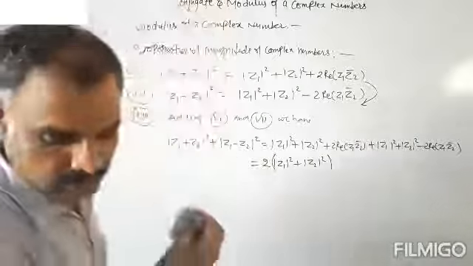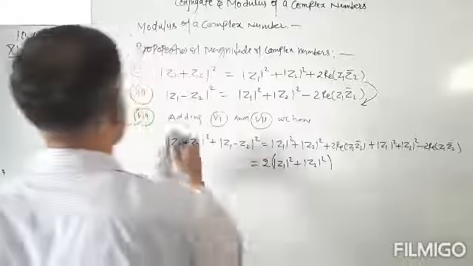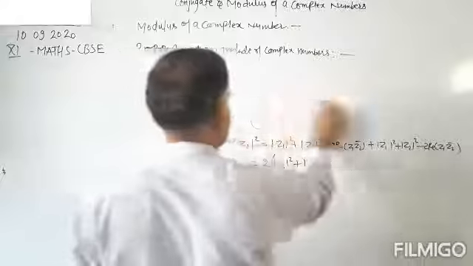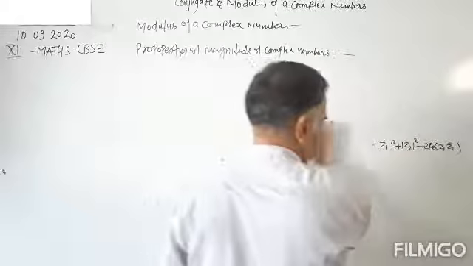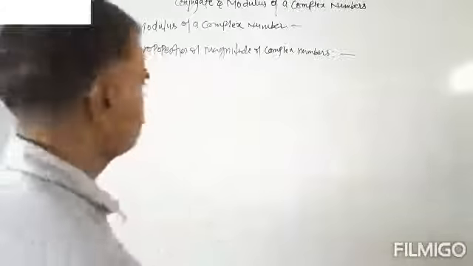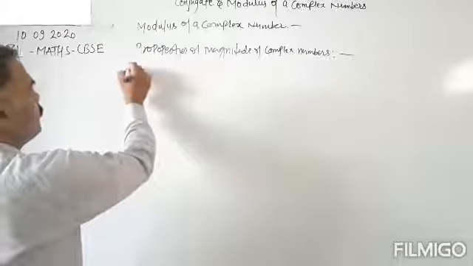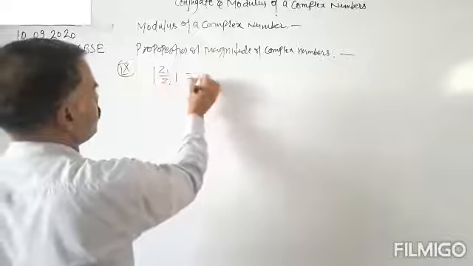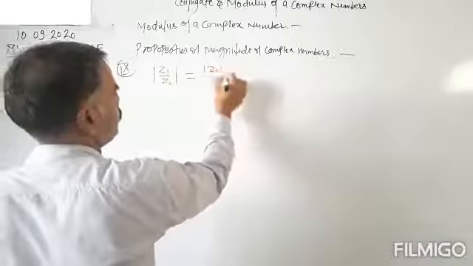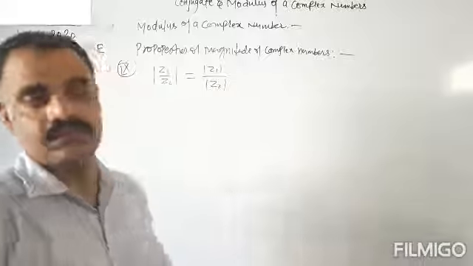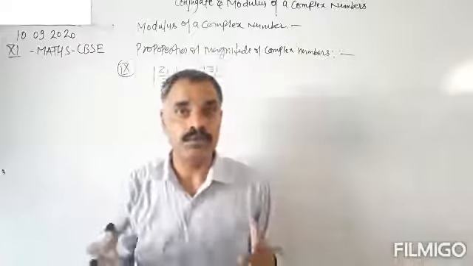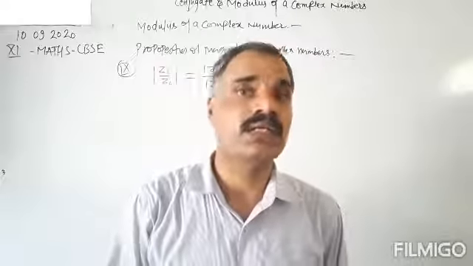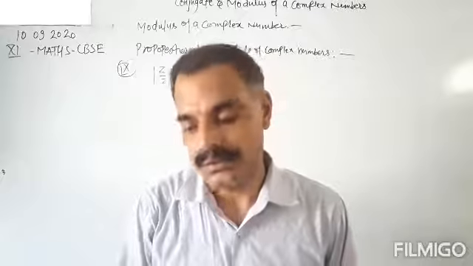Now we will have some more results, 9th and 10th. Result number 9 is magnitude of z1 upon z2 equals magnitude of z1 upon magnitude of z2. That is, the magnitude of the division of two complex numbers is the division of the magnitudes of the complex numbers.